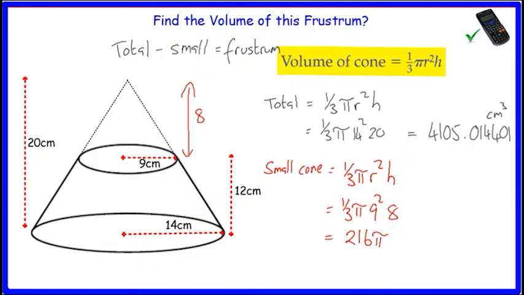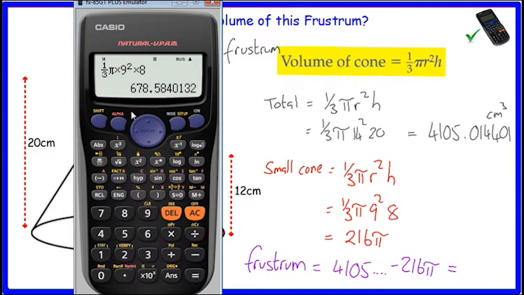So my frustum is equal to the total subtract 216 pi equals, now that's already on the screen, so whichever one you want to use, both will be the same. Make sure you type in exactly what was there before.